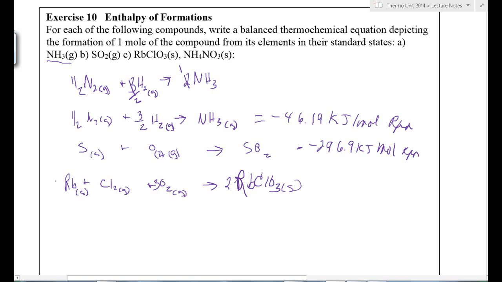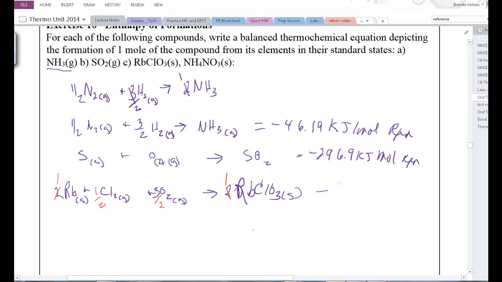I need 2 rubidium. In order to get this to be a 1, I've got to divide everything by 2. So it's going to be 1/2 of that, and that's going to become a 1. If I look it up on the table, I get minus 392.4 kilojoules per mole.